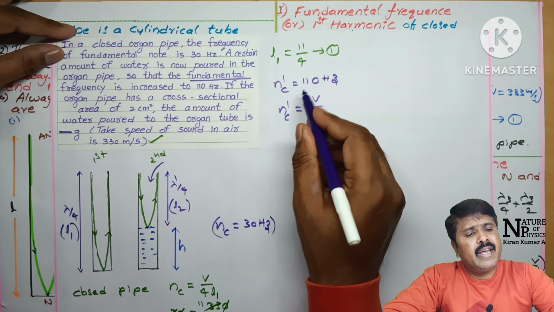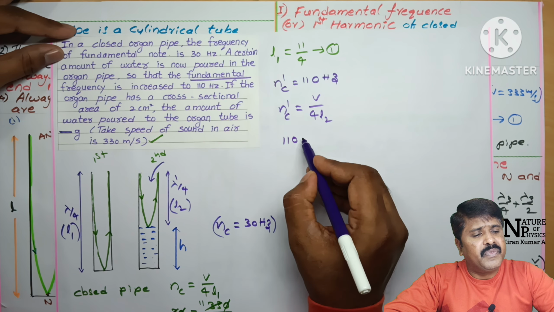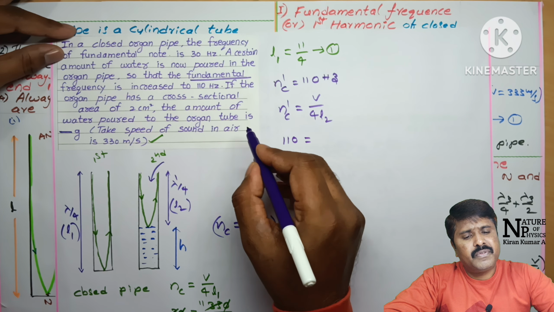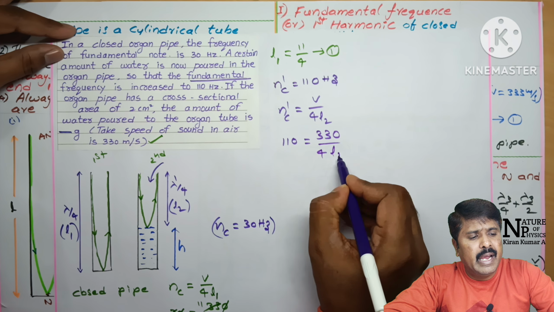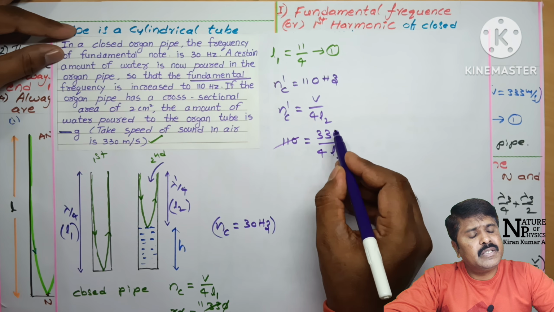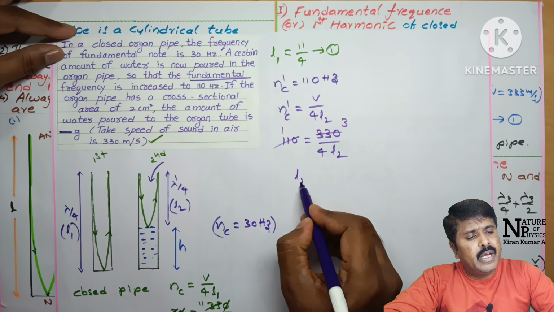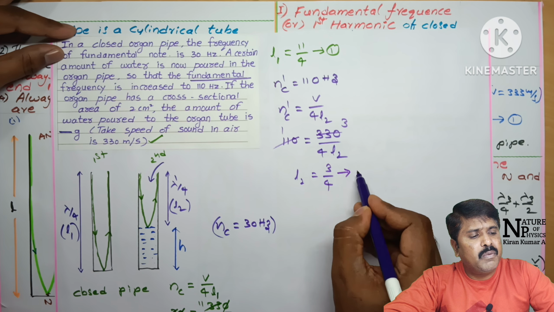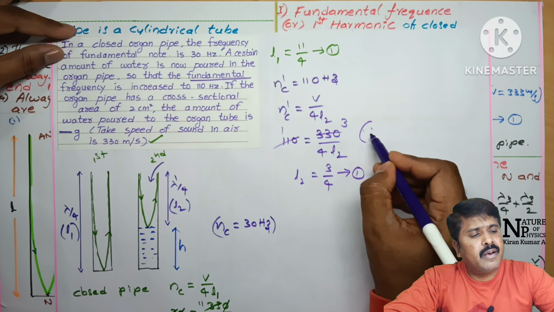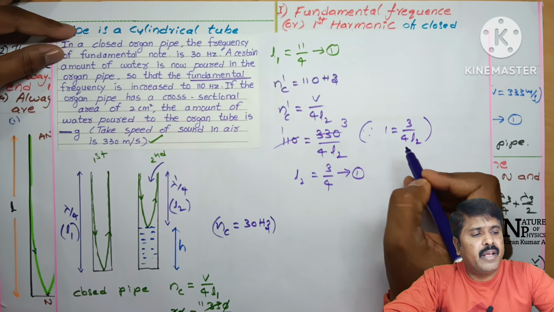NC dash is given as 110 hertz, which is equal to the velocity of sound 330 divided by 4 L2. So this is 1 time, and this is 3 times. Now L2 is equal to 3 divided by 4. This is equation number 1. Rewriting, 1 is equal to 3 divided by 4 L2, I got.